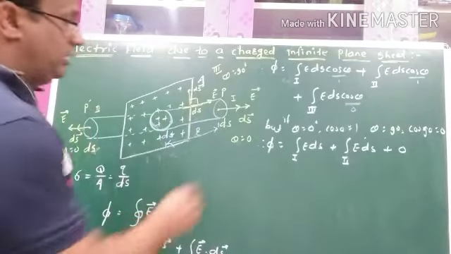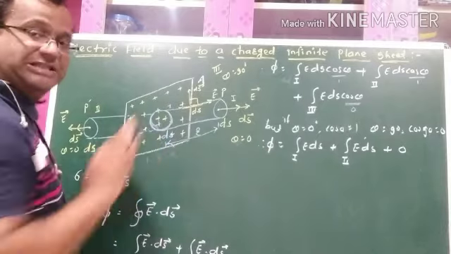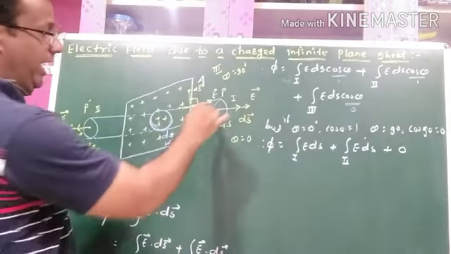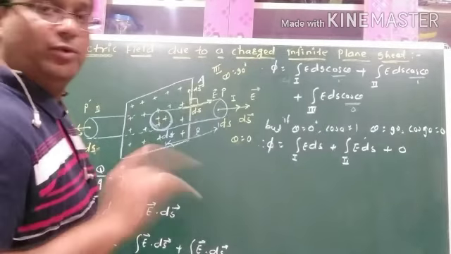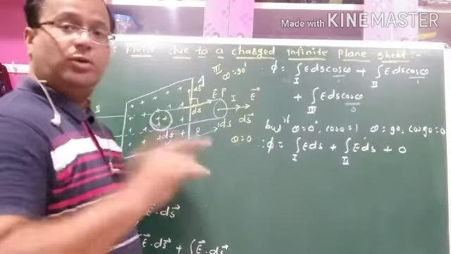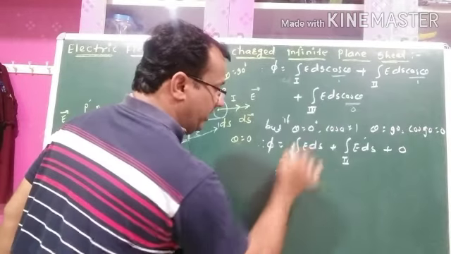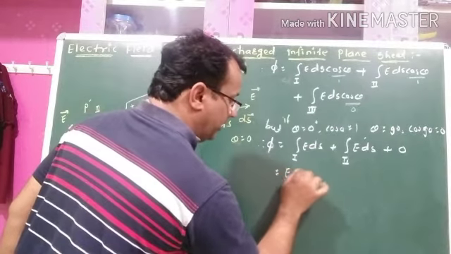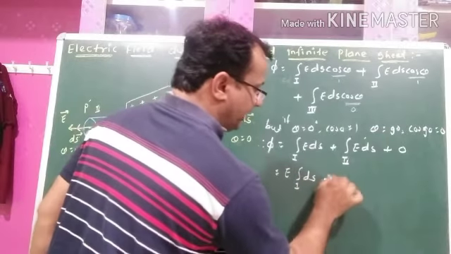We know that the distance of point P and P dash from this plane sheet is the same. So that's why at both the places the value of electric field is the same. And you know the rules of integration, we keep all the constant quantities outside the integration sign. Here E is constant, so we get E times the integration of ds for the first area.